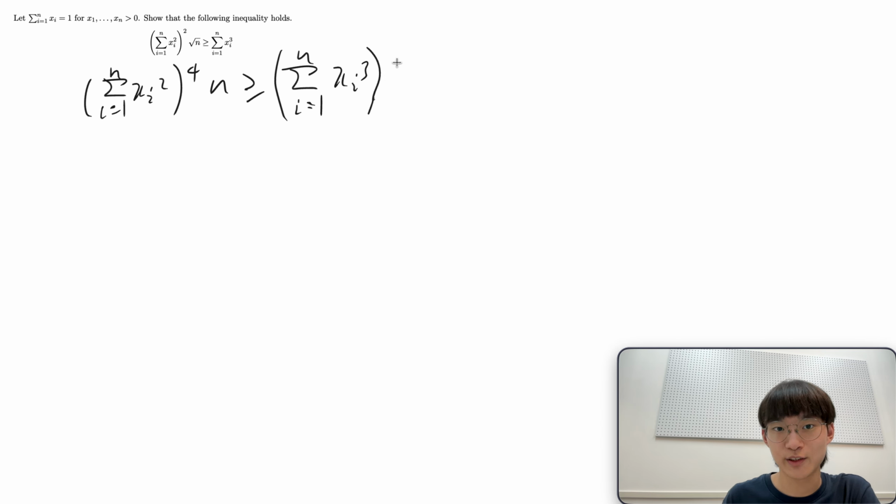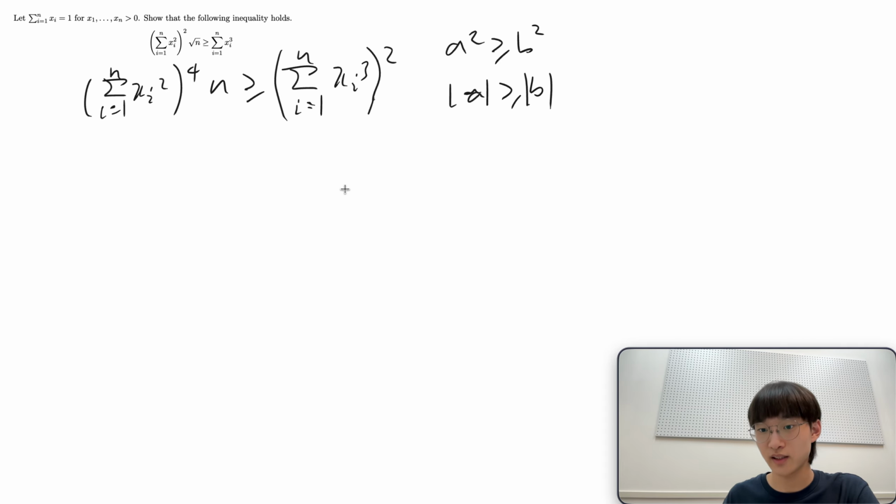Now this is true because let's just take a look at this. If this is true, then this is true, because a and b are positive in our case. So it suffices to show that this is true.